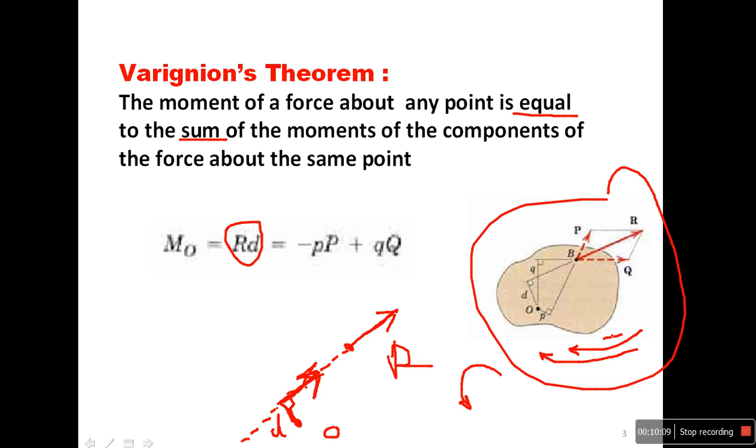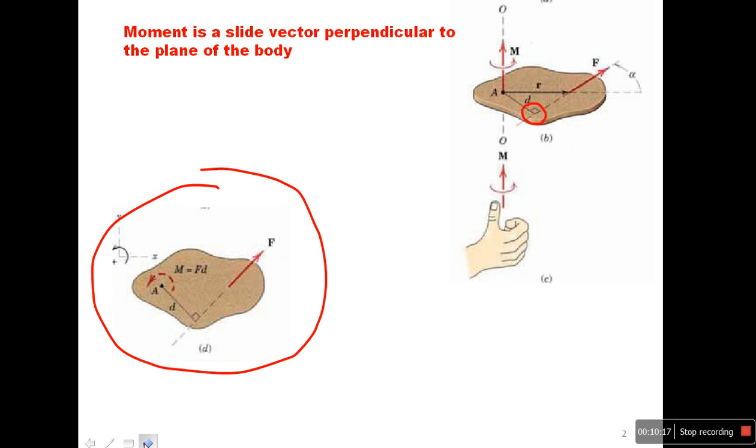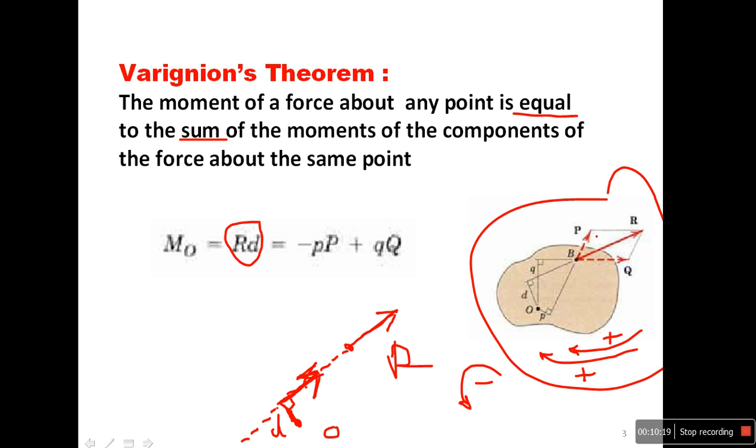So these are plus, while this one is minus, so I will put minus. So Varignon's theorem said, the moment of a force about any point is equal to the sum of moments of the components of the force about the same point. So this is Varignon's theorem.